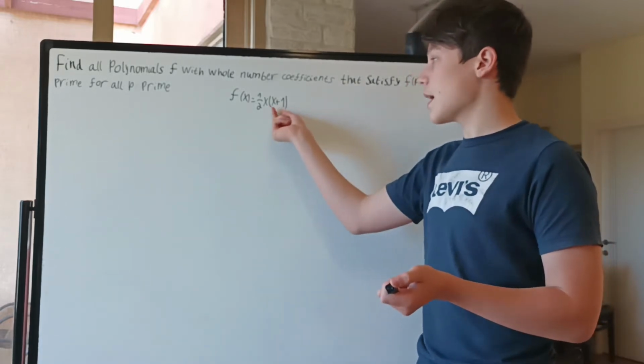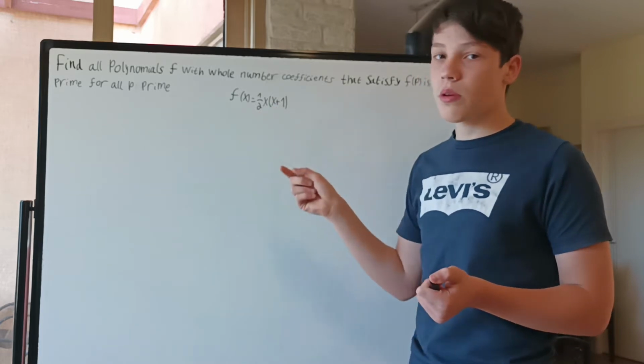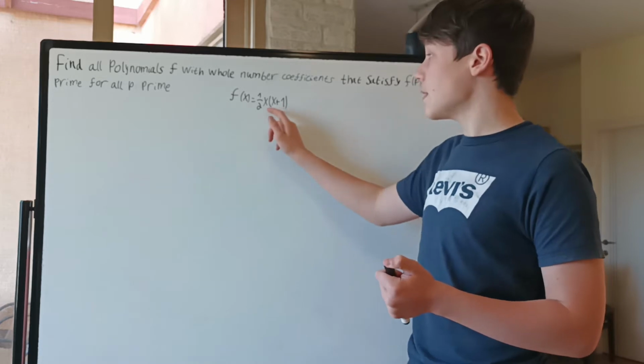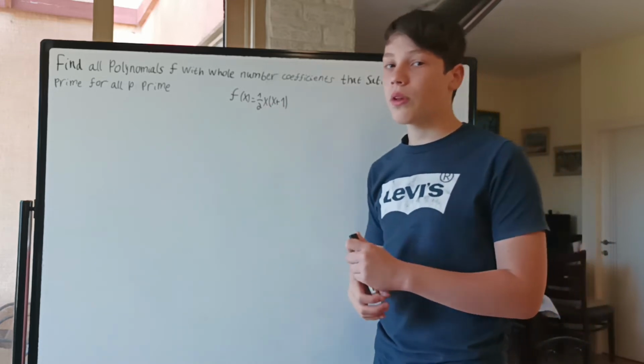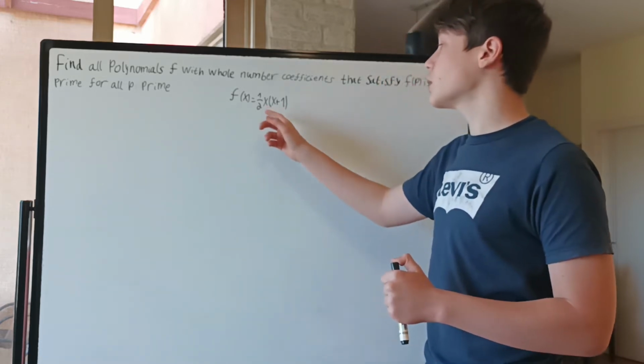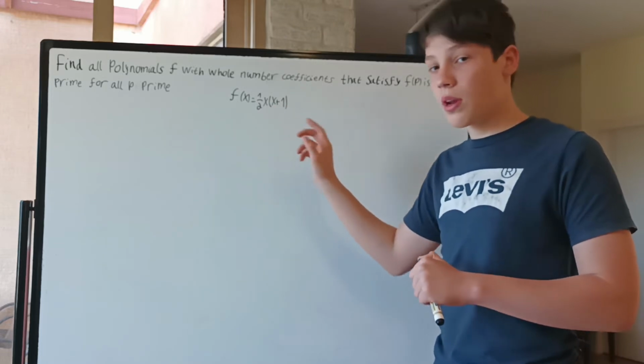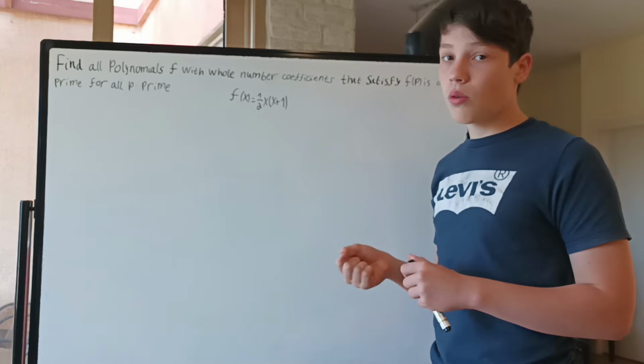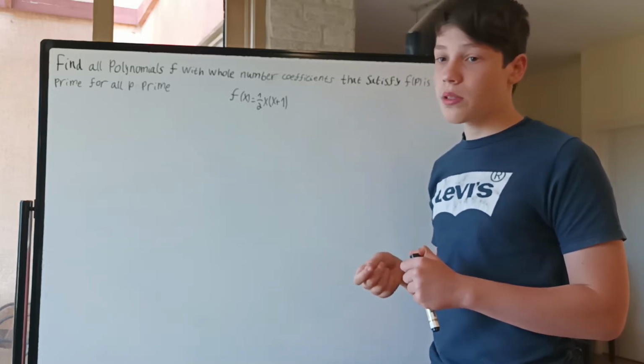If it's odd, x plus 1 is even and it cancels with the 2 to give us a whole number. If it's even, the x cancels with the 2 to give a whole number. So here the coefficients would be 1/2 for x squared and 1/2 for x, but yet the result is always a whole number for any whole number input.